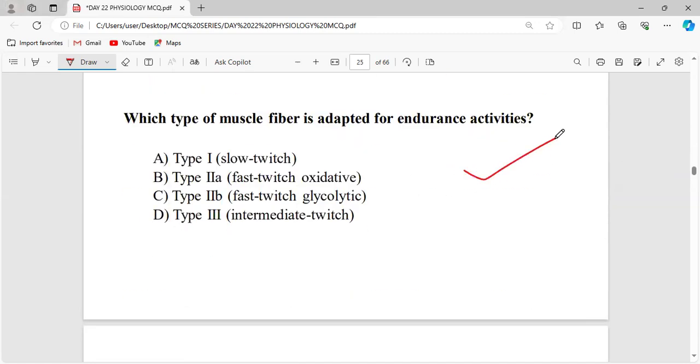Which type of muscle fiber is adapted for endurance activities? For these activities, which type of muscle fiber is getting used?